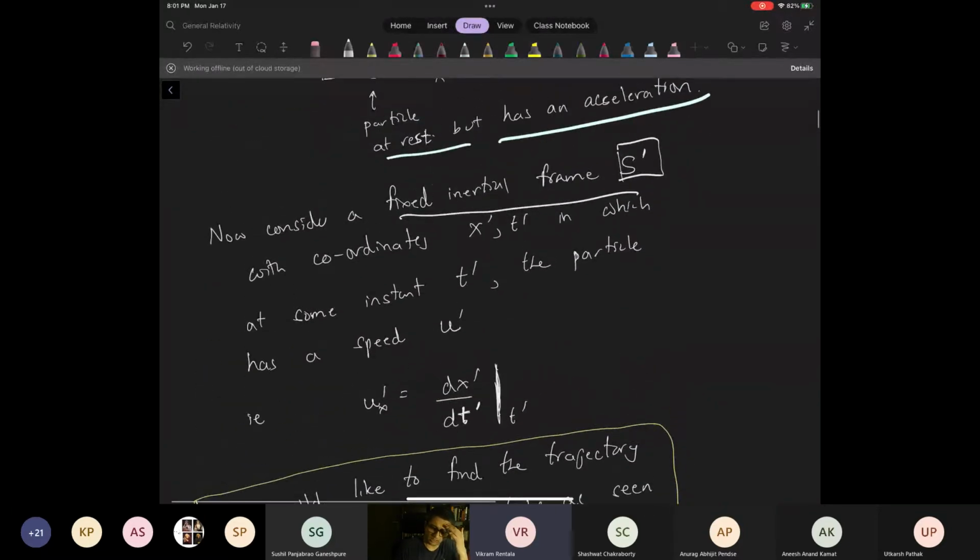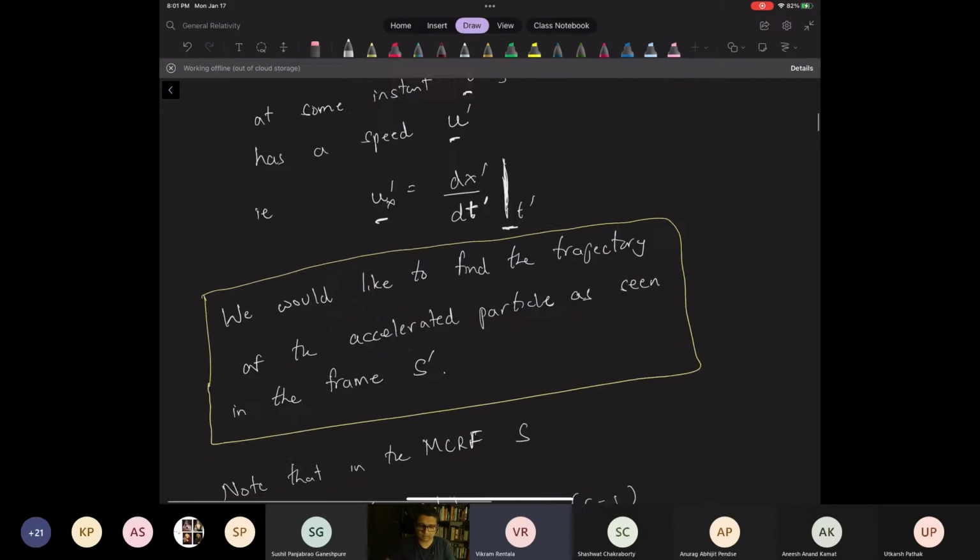Now in the original reference frame S prime, with coordinates x prime and t prime, we'll take some instant of time t prime, and in that fixed inertial reference frame S prime, the particle is assumed to have some speed u x prime, which is nothing but dx prime by dt prime at some fixed t prime. That's the definition of speed.